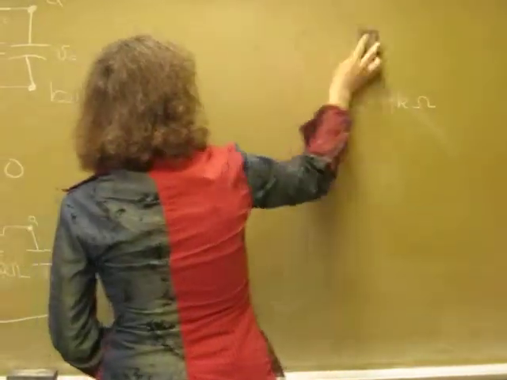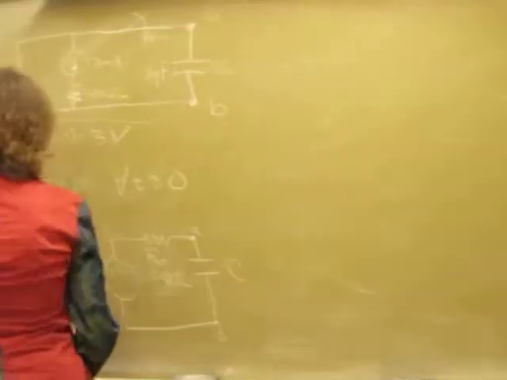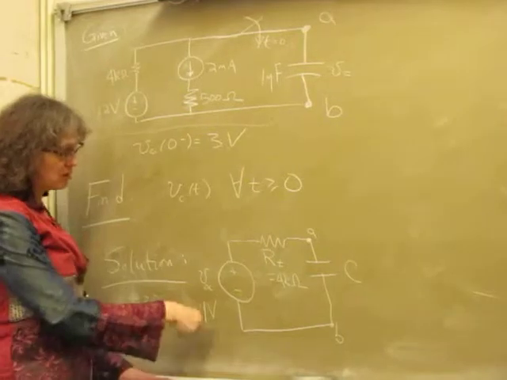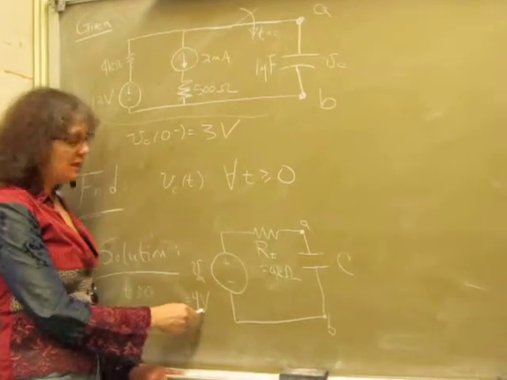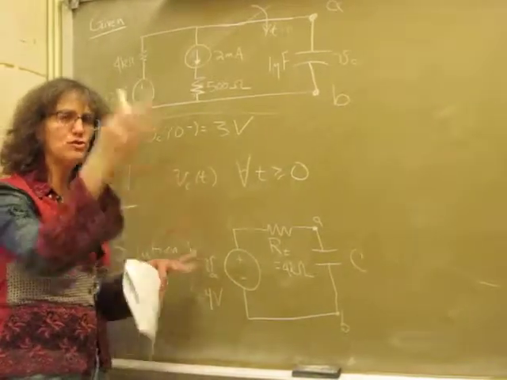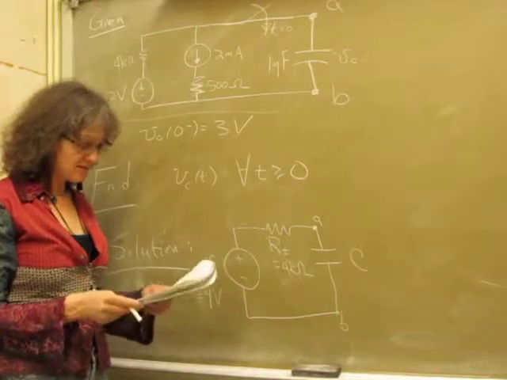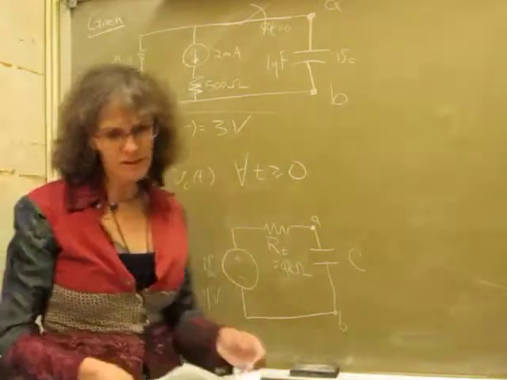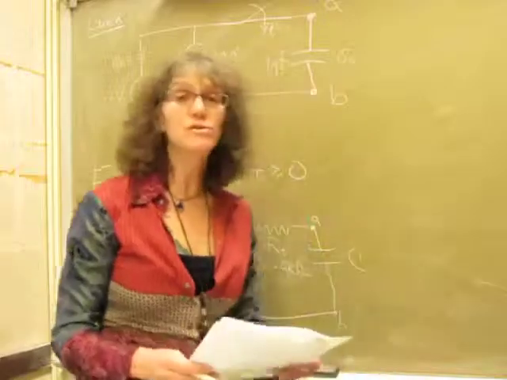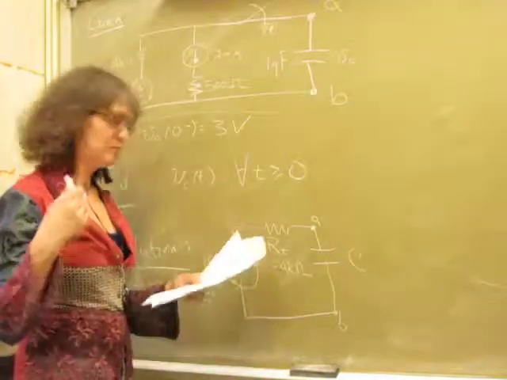Now in this case, it is a constant source, right? It's just 4 volts. If this were a function of time, then I would have to use that more general solution that had the integral. But since it's not, I could go ahead and just apply the solution for the constant source.